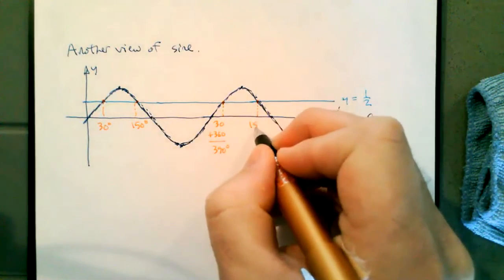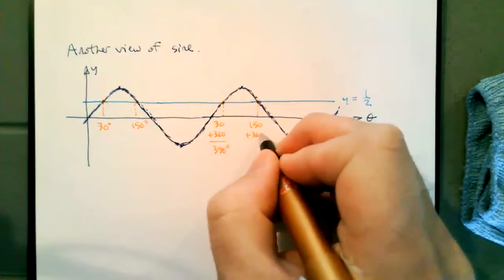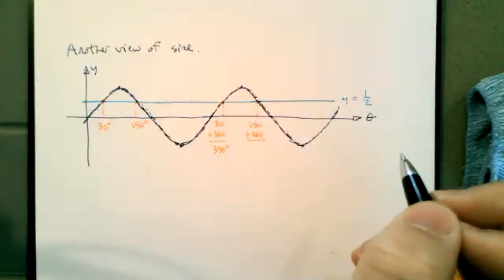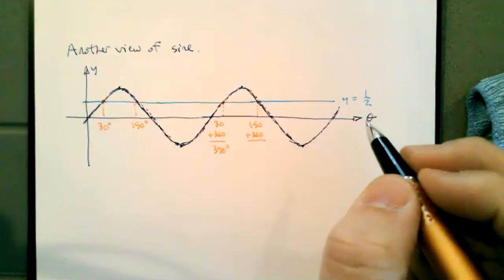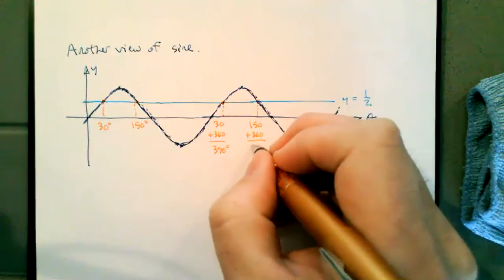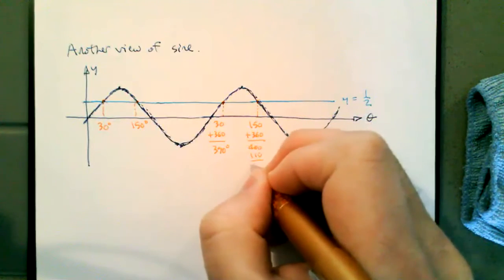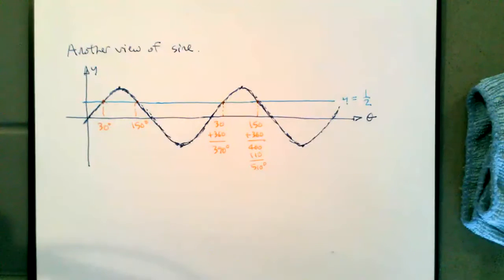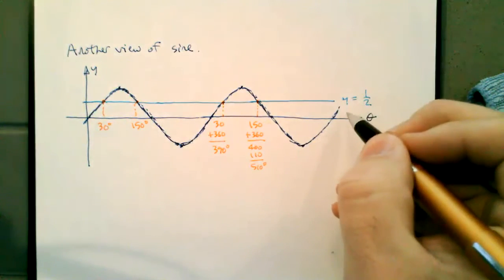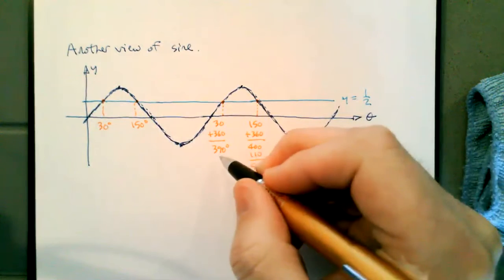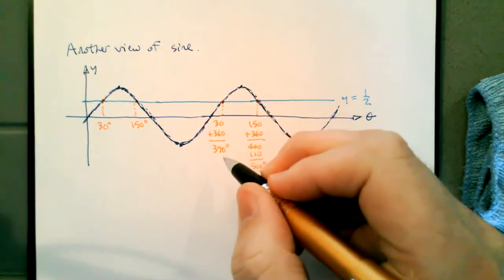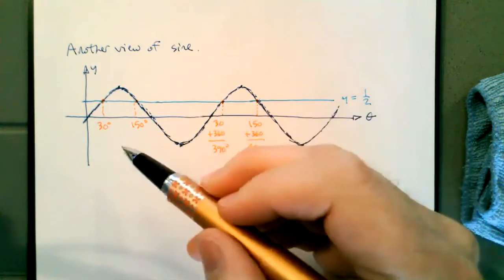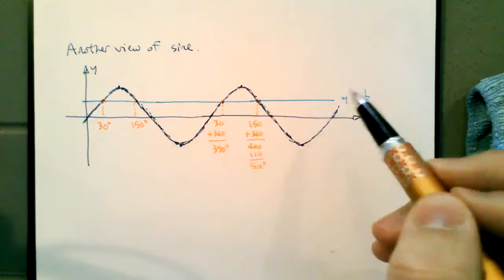And here's the 150, where we add 360, and we'll be at 510. Furthermore, we're going to have another pair, 30 at another 360 degrees after the 390. So we'll have a solution at 30 degrees and every full circle after that.